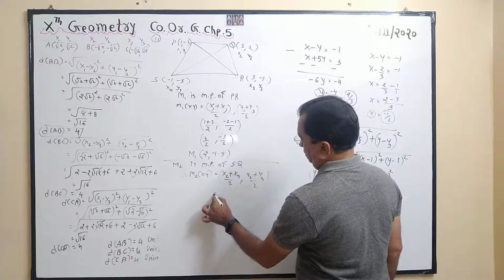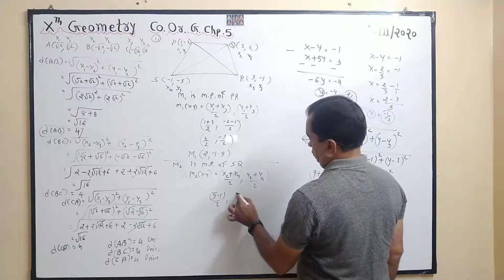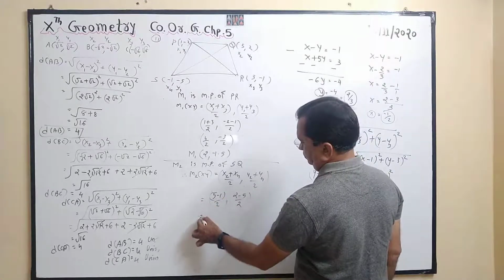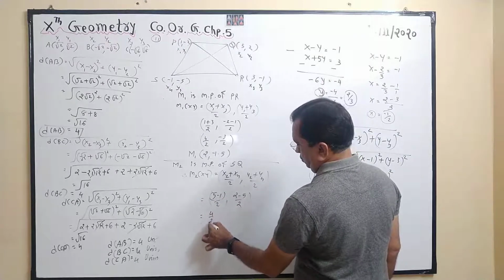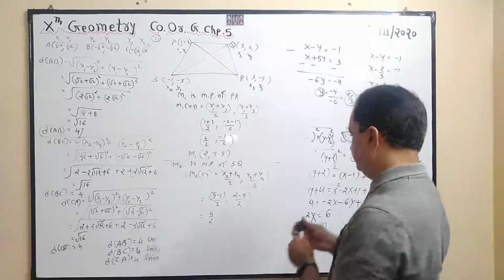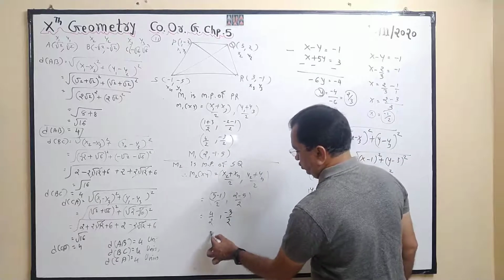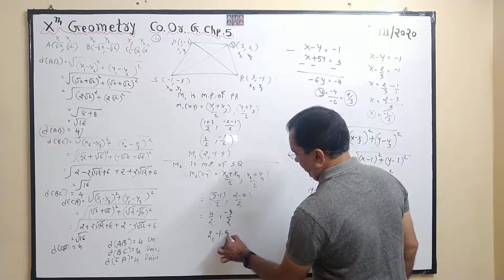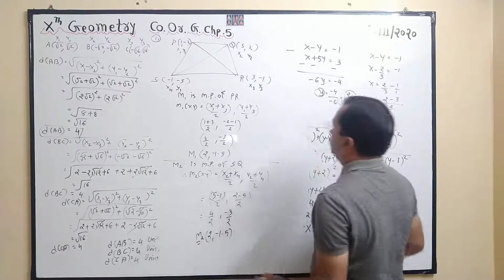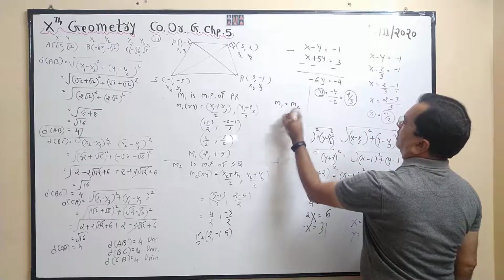So 5 minus 1 by 2, 2 minus 5 divided by 2. 4 divided by 2, minus 3 divided by 2. So this is 2, minus 1.5 and 2. So both are equal. M1 is equal to M2.